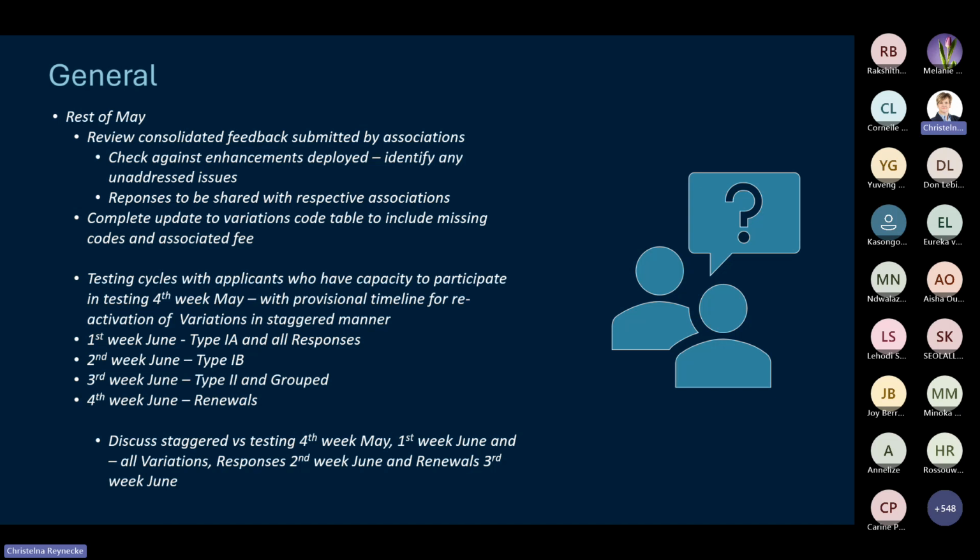Some of the colleagues in yesterday's session felt that it might actually be better that we rather do testing the fourth week of May, first week of June, and that we then look at taking all of the variations and responses live then in the second week of June, which means that we will then bring renewals live on the third week of June, or otherwise we will do testing fourth week in May, first week in June, and then take all of the transactions live in the second week of June.